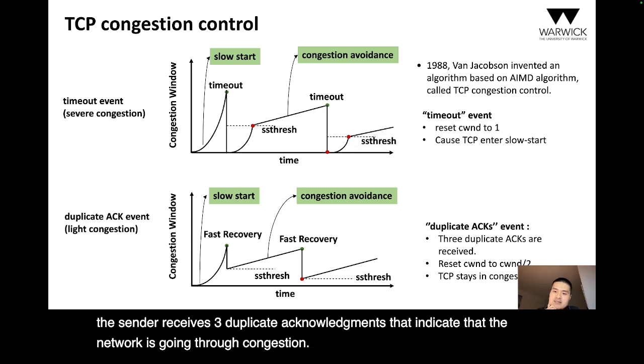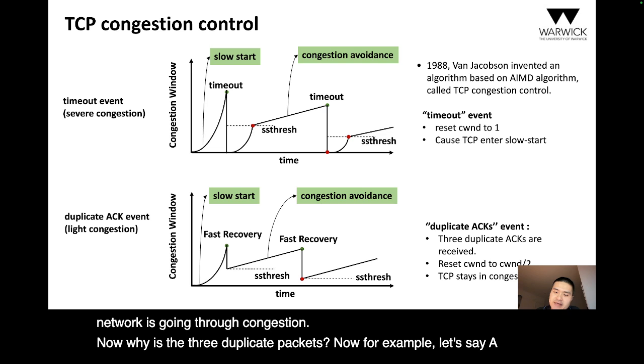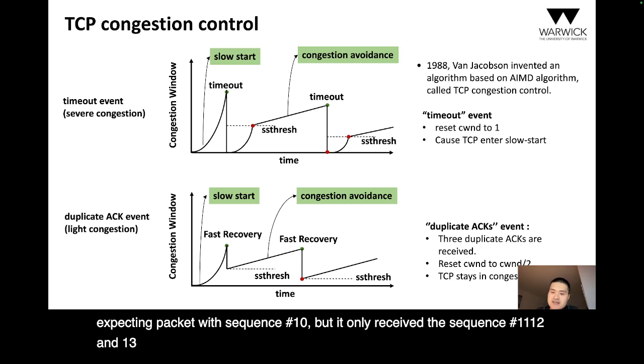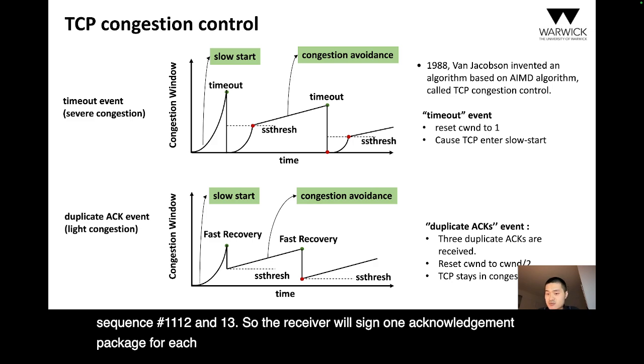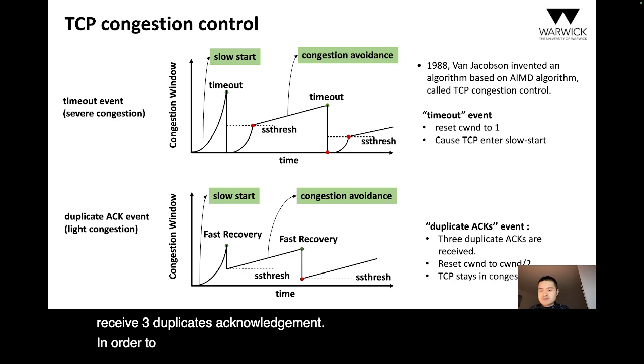Now, why 3 duplicate acknowledgements? For example, let's say a receiver is expecting the packet with sequence number 10, but it only received sequence numbers 11, 12, and 13. The receiver will send one acknowledgement for each of these 3 packets. Therefore, the sender will receive 3 duplicate acknowledgements, as the receiver is still waiting for the in-order packet.